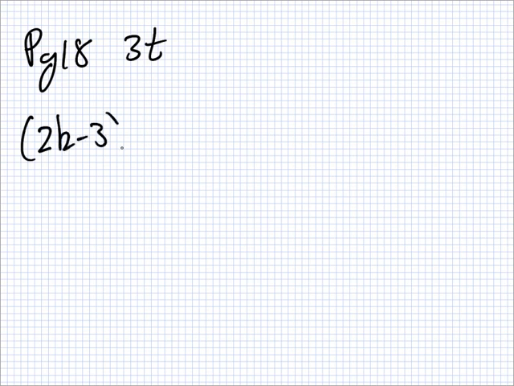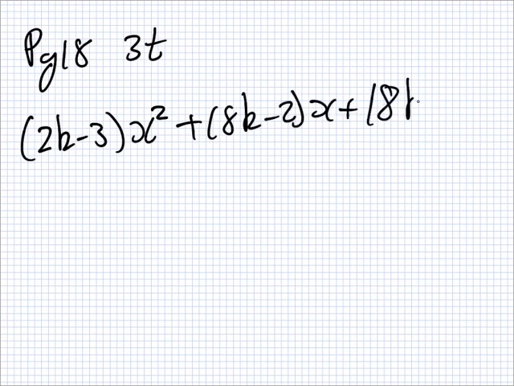So page 18, 3t. So that's (2k minus 3)x squared plus (8k minus 2)x plus (8k plus 3). Okay, how many real roots does this have? 2. So discriminant greater than 0. Yeah?